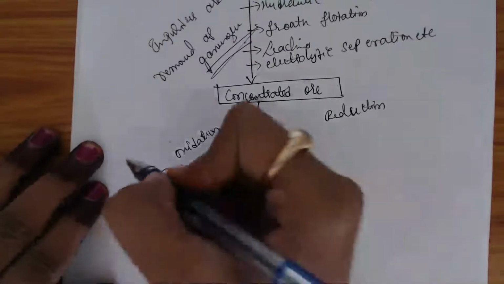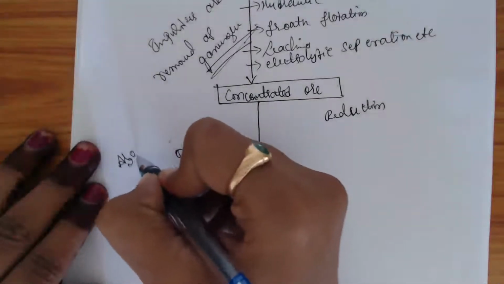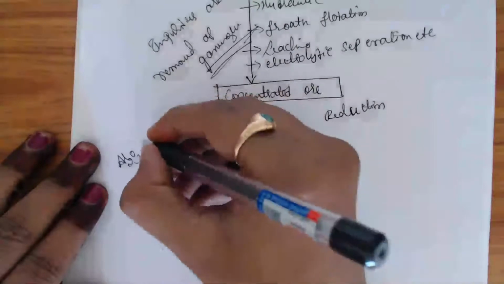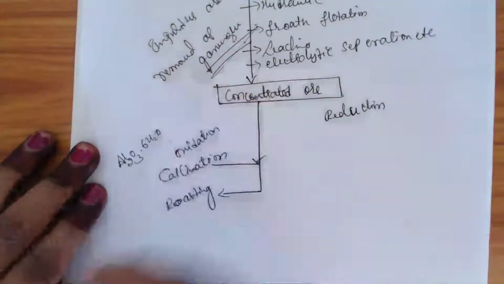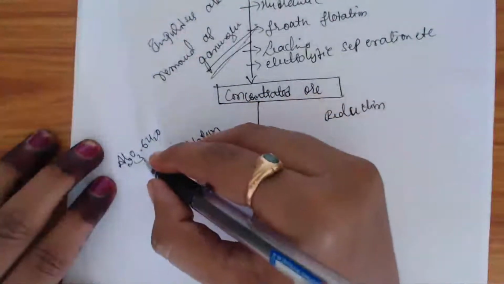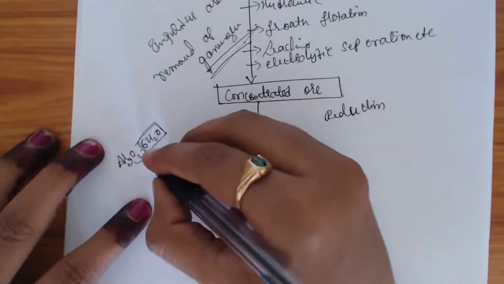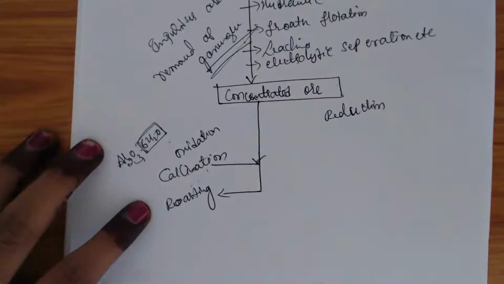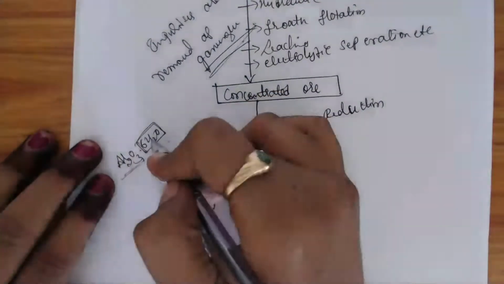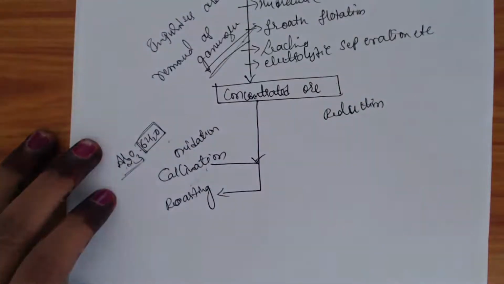Oxide ore. So if an oxide ore is there, I'll take the example Al2O3·6H2O. If this type of ore undergoes calcination, upon heating the water molecules are removed and it becomes oxide ore. So hydrated ore becomes anhydrous. Understood?